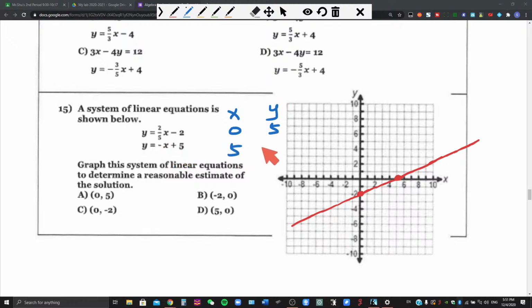So when x is 5, y is 0. Okay, now I think things can get pretty easy. (0, 5) and (5, 0). So we have one line here. And (5, 0), you can tell it's the same point as we had. And that kind of already tells us what is the solution.